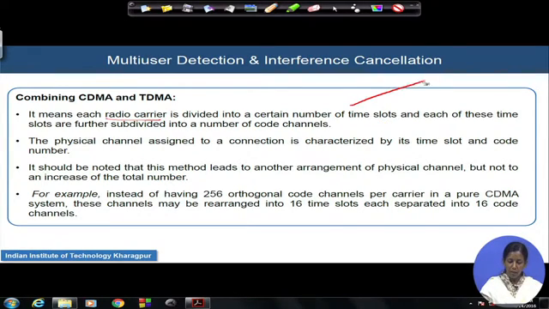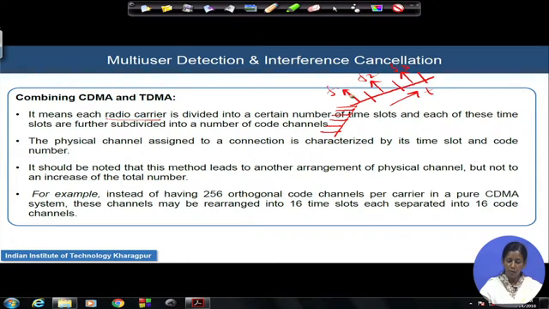So, what I am saying is there is a time axis, and it is divided into certain time bins. In each and every time bin there is a carrier frequency allotted, and inside each carrier frequency I have a certain number of code channels allocated.